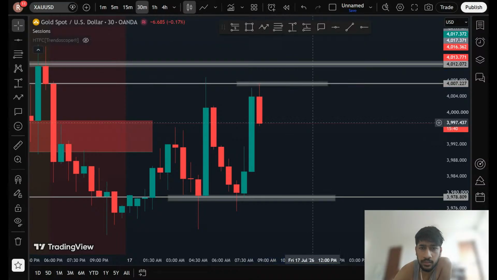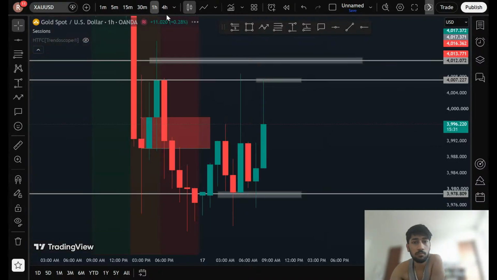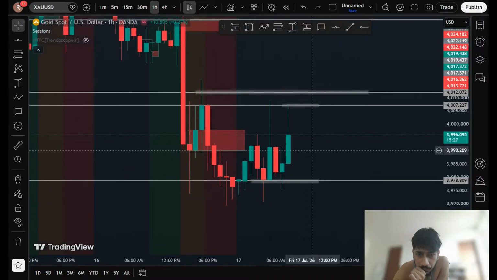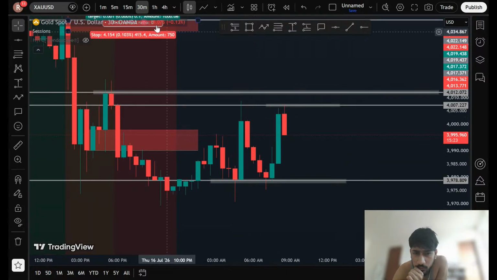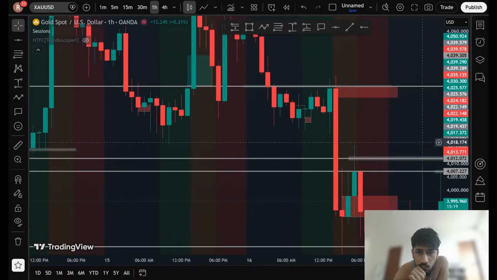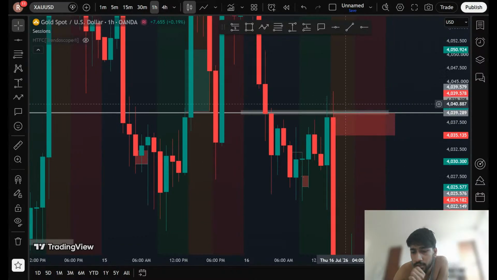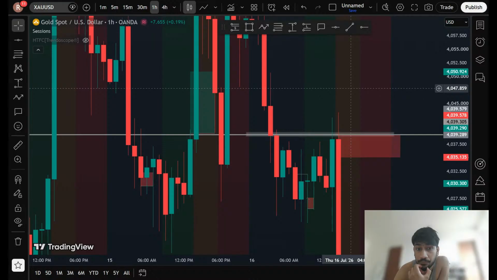At the end of the day, we just gotta look at where is the clean range for price to move. Actually, this was a bad loss I took because I was on my phone and I traded through my phone, and this was not my trading time.